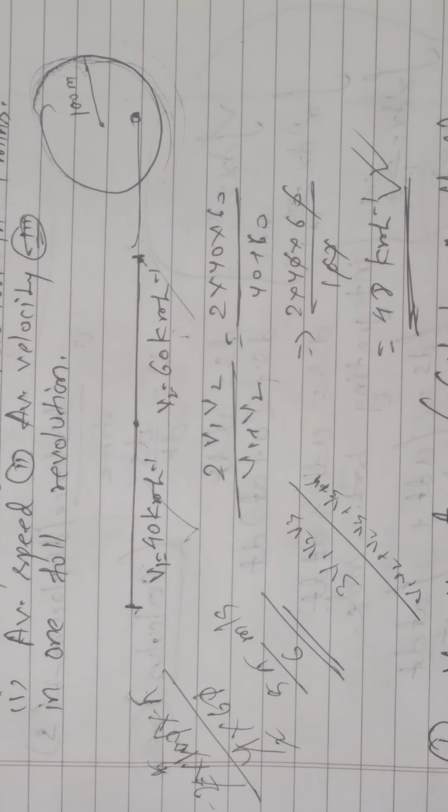So these are things that we can do simply, but this is a special case only, because we cannot do it with all the numericals of average speed and average velocity. We can do this with those cases only where the distance is the same.